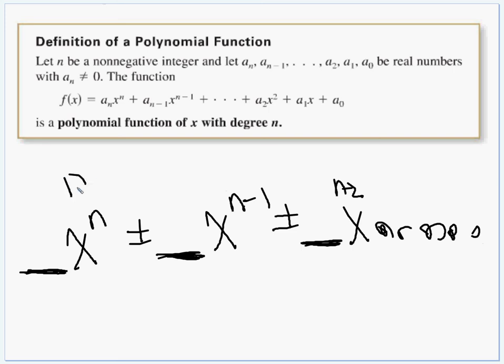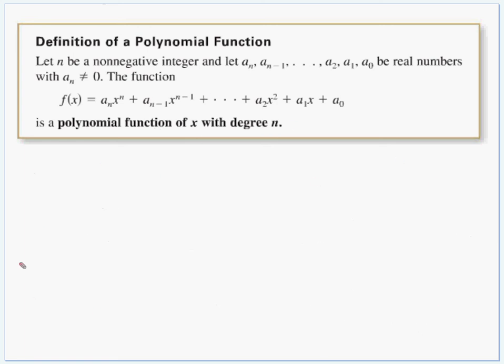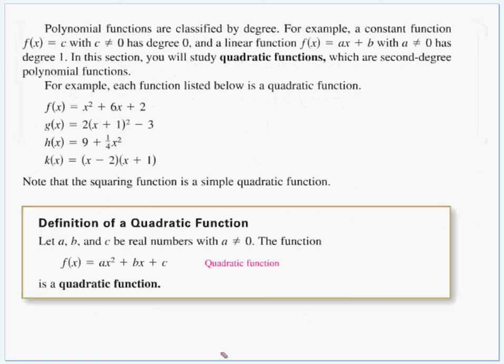Maybe we start off at the 100th power, and we're going to go all the way down. And then eventually we'll get down to dot, dot, dot, some constant x squared, plus or minus some constant x to the first, plus or minus maybe a constant at the end. And that's a polynomial function in x of degree n. The highest degree is the degree of the polynomial.